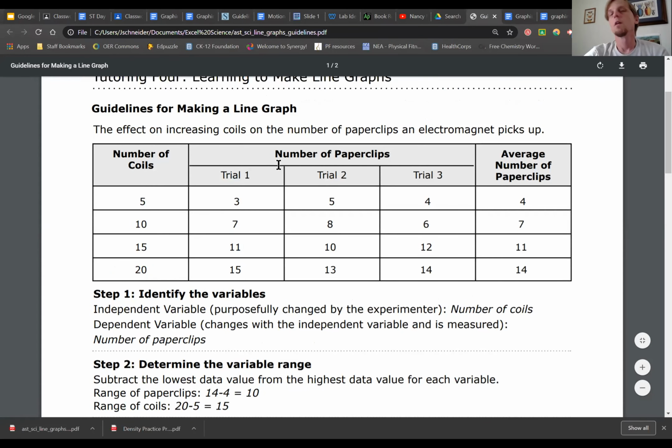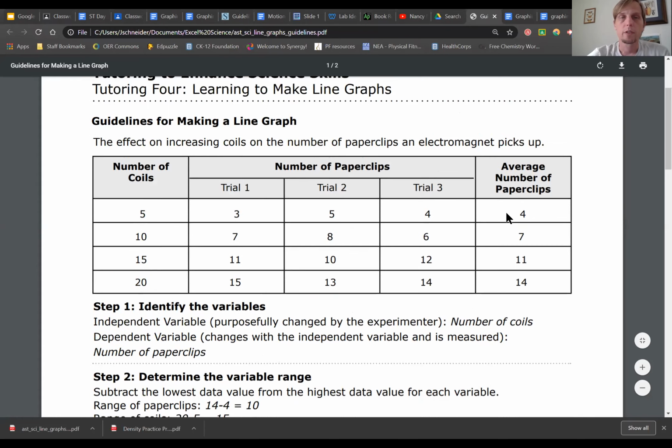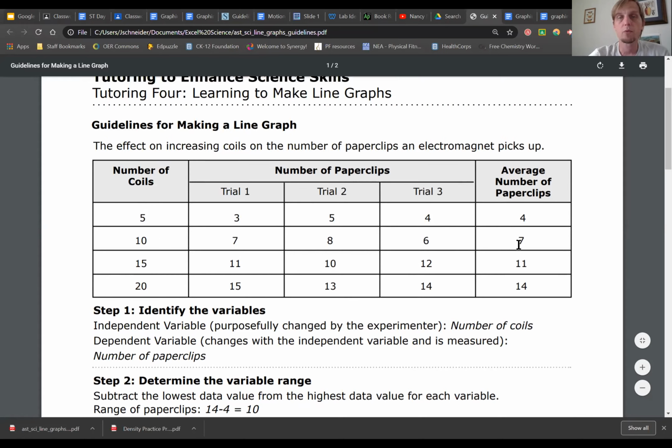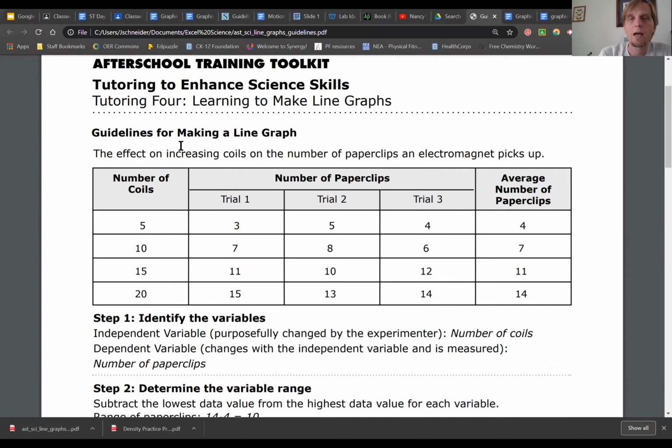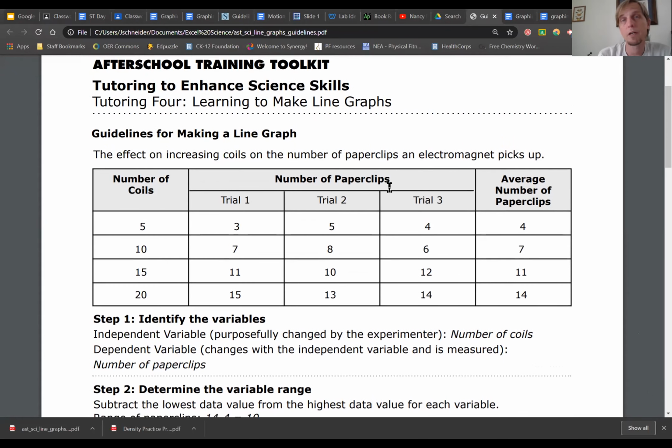Right here, we have to imagine this as a complete experiment. This would be your data table, and it would be blank. This particular experiment was how many paper clips can I pick up with a magnet?